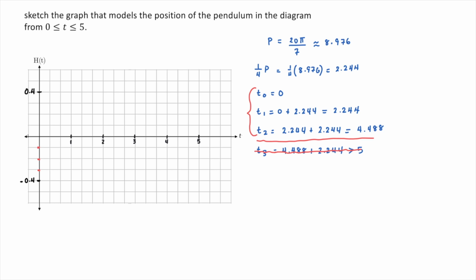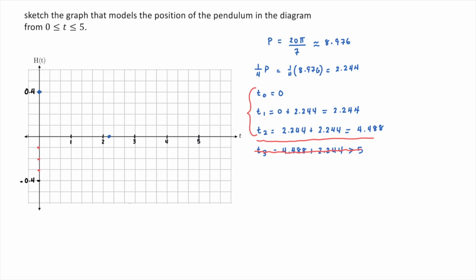Okay, so plotting those points, at 0, we are at the maximum. I'm going to put a dot right here. Then t sub 1 is about 2.2. I'm going to round it even further. So 2.2 will be, let's say, somewhere here, and I will already be on the axis.